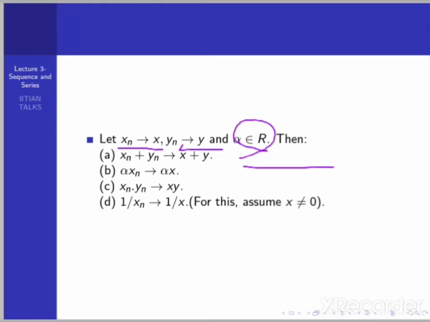The third property says that if you take the term-by-term product of the sequences, then xn yn converges to xy.